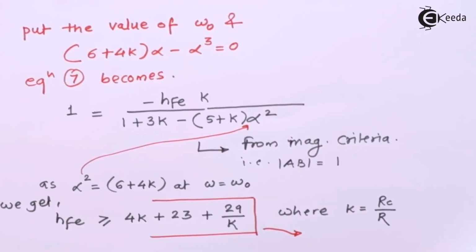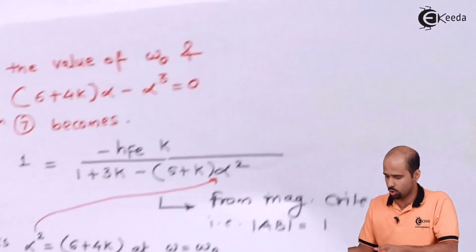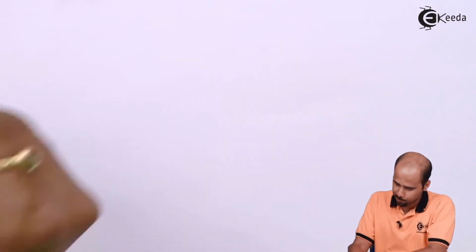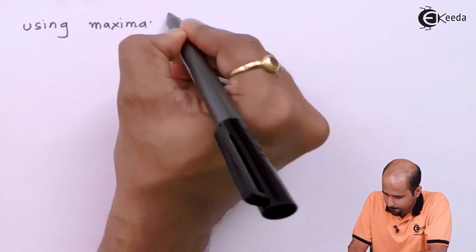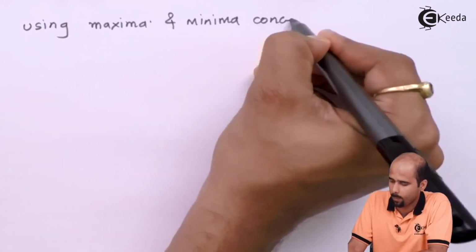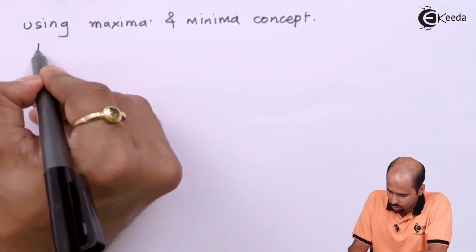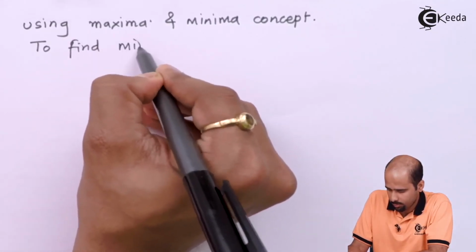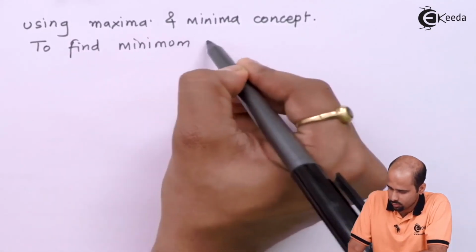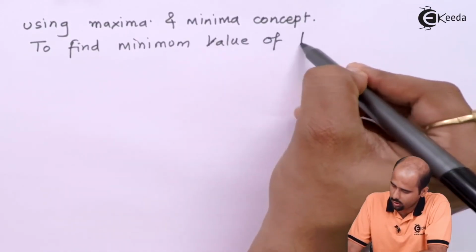To take the minimum value of HFE with respect to K, I have to use the maxima and minima concept to find the minimum value of HFE.